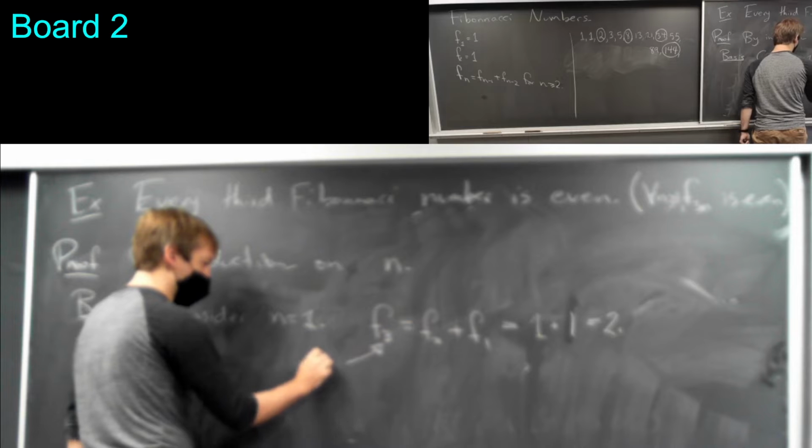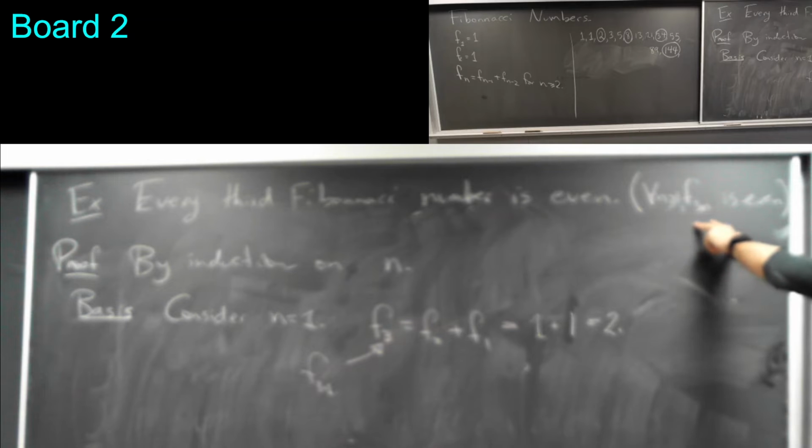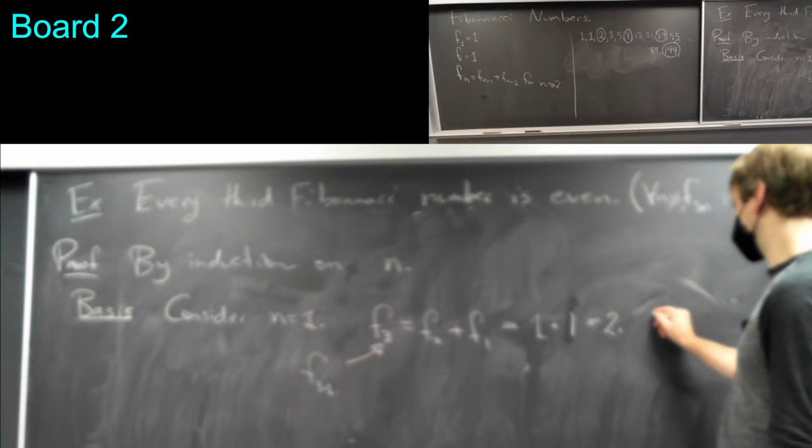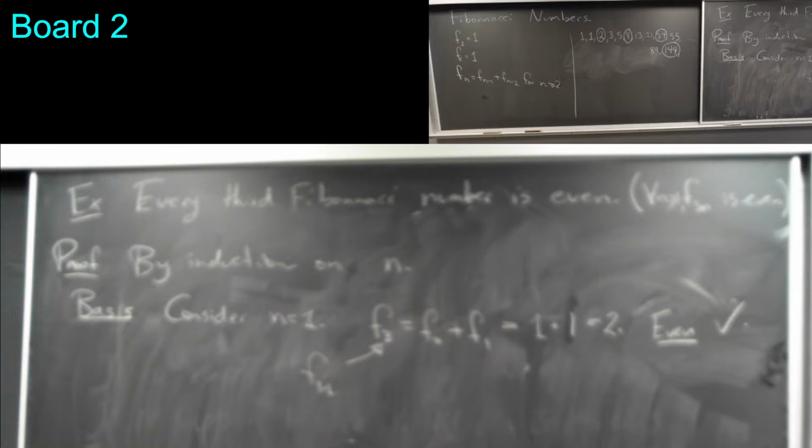So why am I looking at f3? Because this is f sub 3 times 1, right? My statement is that f3n is even for all n. So my first one is f3, and that's even. Okay, so that finishes the base case, the basis.